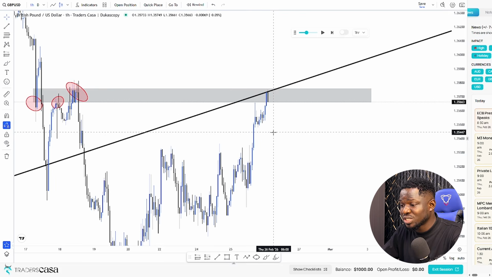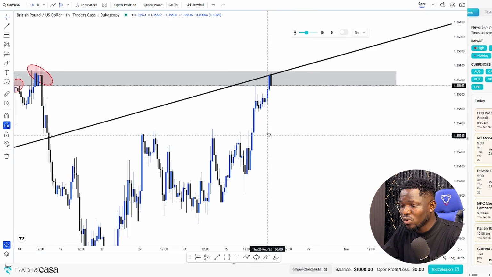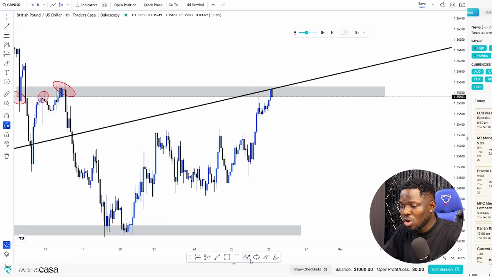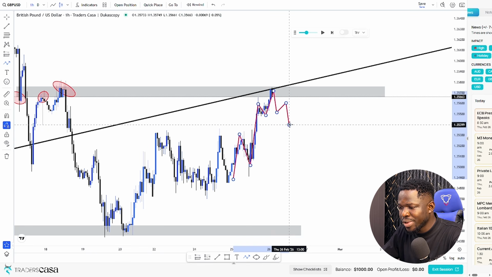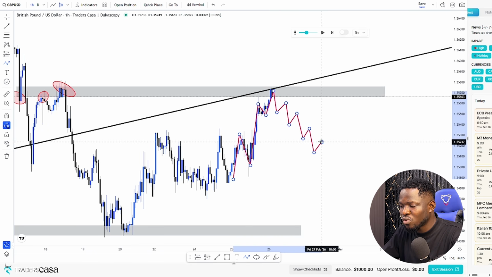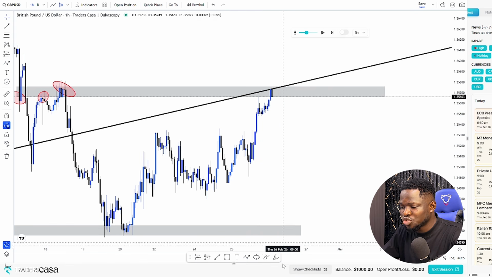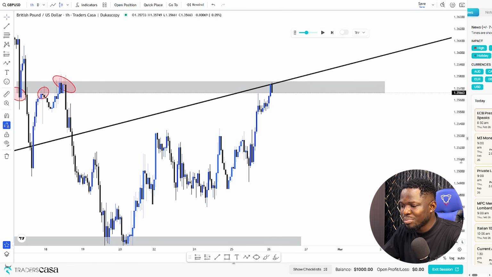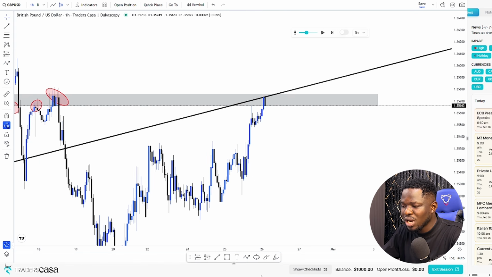The next step is to exercise a lot of patience and wait for this price action on the 1 hour time frame to change from bullish market structure and start giving us a bearish market structure before we execute this trade. We need to wait for a break of structure on the 1 hour time frame. Let's play the candlestick.